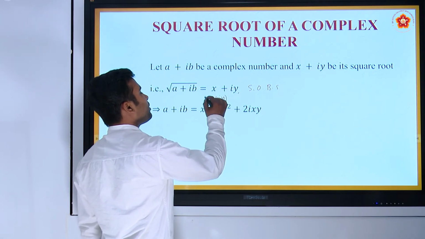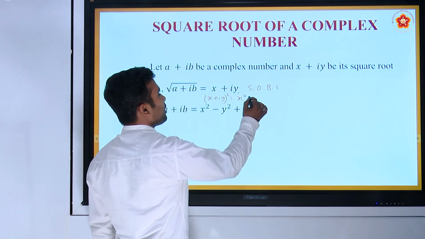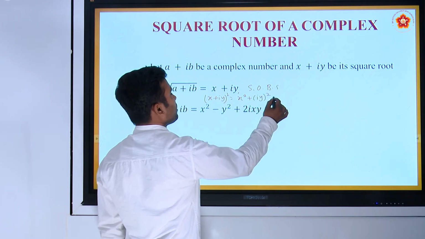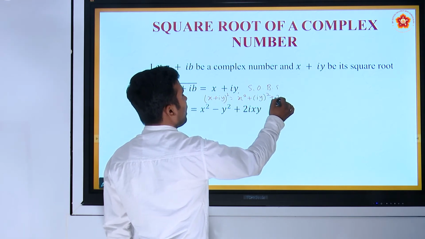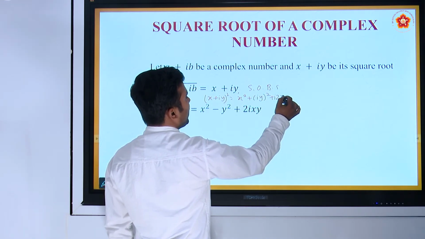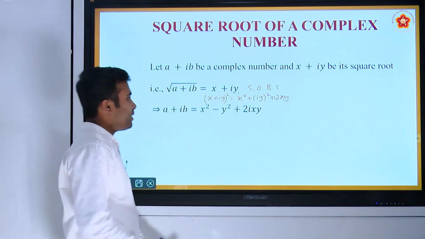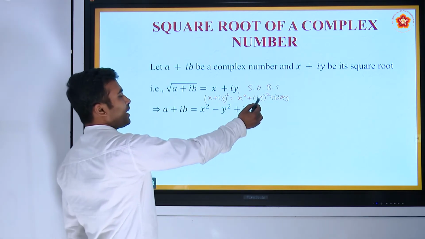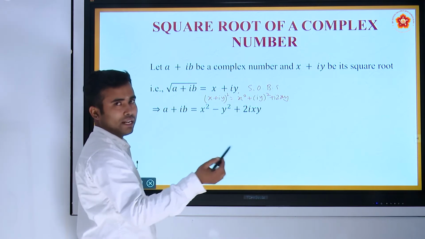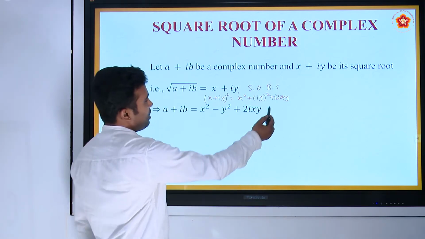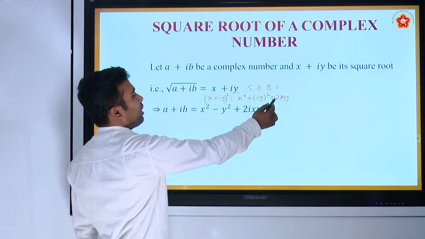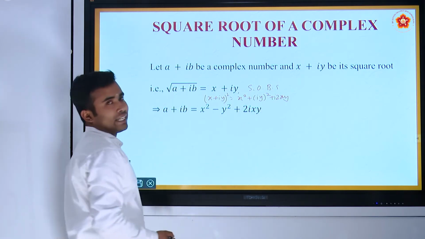What is x plus iy whole square? X plus iy whole square is equal to x square plus iy whole square plus 2i xy. So this is x square, and iy whole square becomes minus y square, as i square is equal to minus 1, and this is 2ixy.